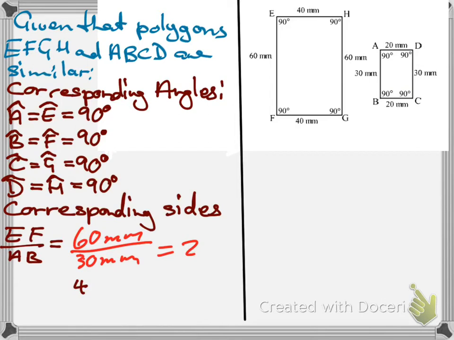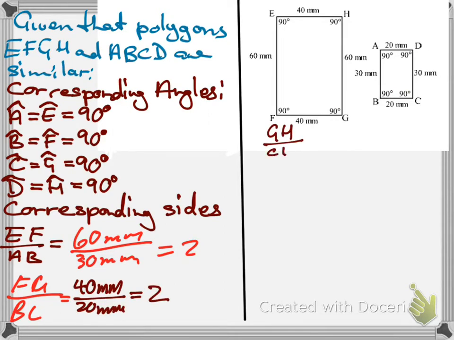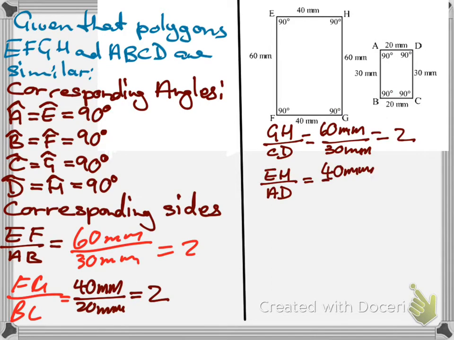And then we have FG all over BC, which should be equal to 40 millimeters divided by 20, which is 2, and GH all over CD will be 60 millimeters divided by 30 millimeters, which will be equal to 2, and EH all over AD will be equal to 40 millimeters divided by 20 millimeters, equal to 2.